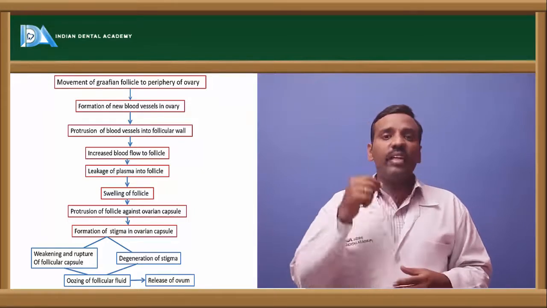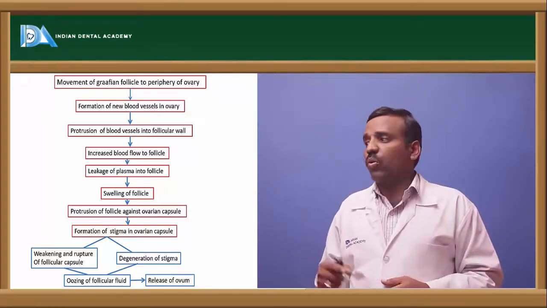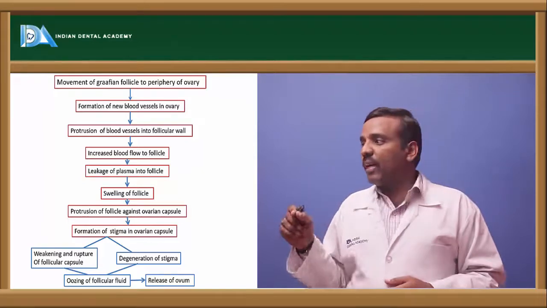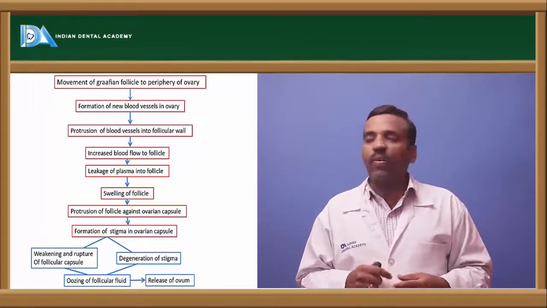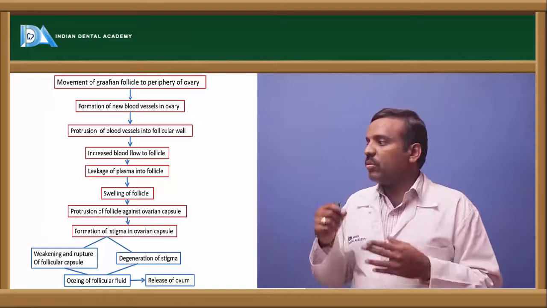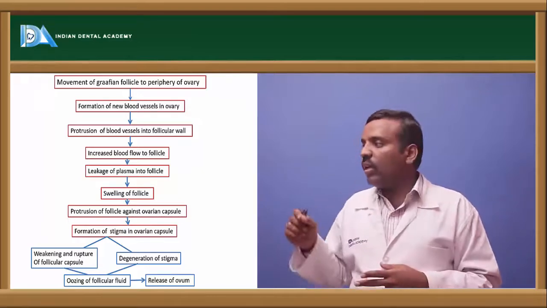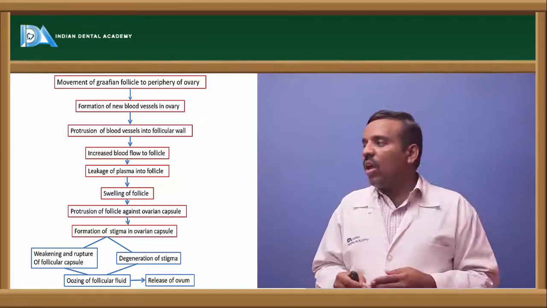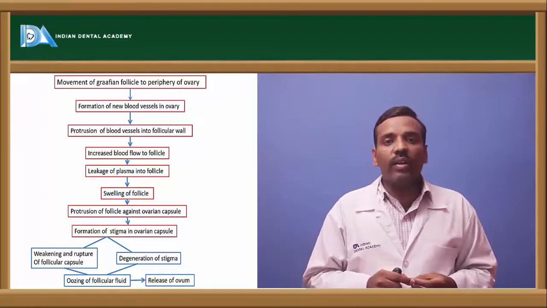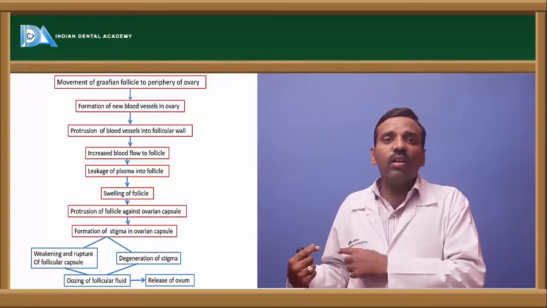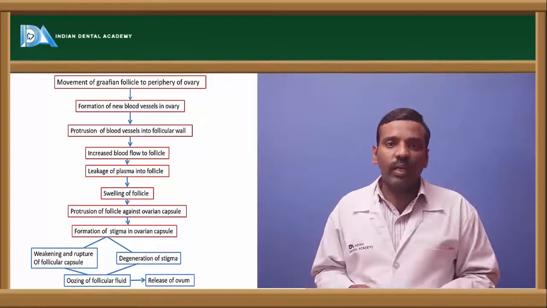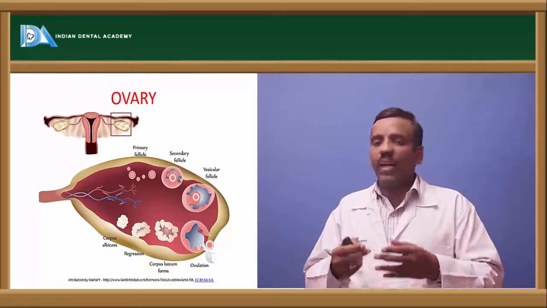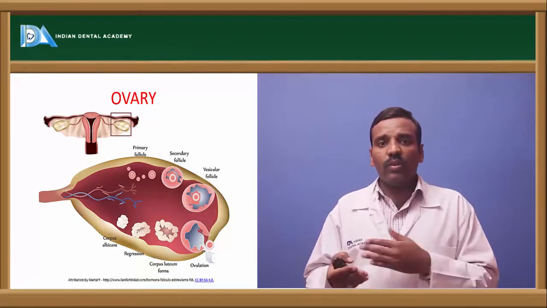Another method is degeneration of the stigma, which is formed by the protrusion of the follicle in the ovarian corpuscle. Degeneration of that stigma causes oozing of the follicular fluid, and then there is release of the ovum.